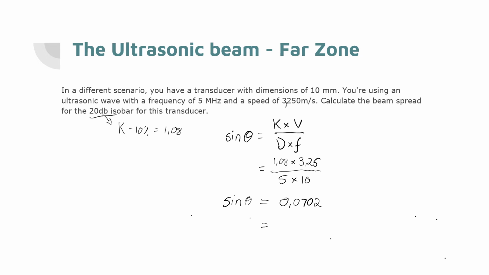So to get our angle alone, we do arc sine with this value, and that should give us 4,025 degrees as the half angle, which would then translate into 8,05 degrees as the full angle of beam spread.